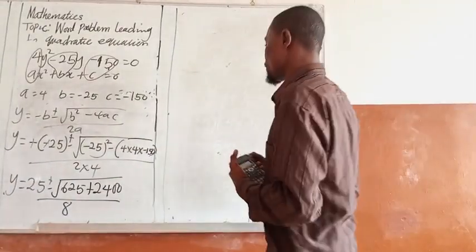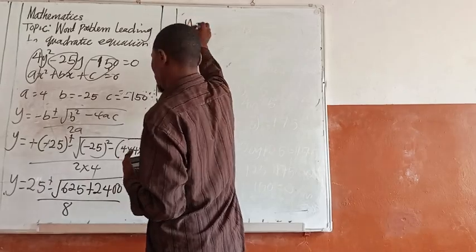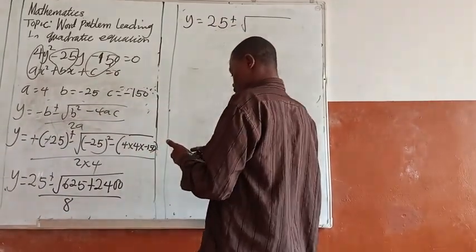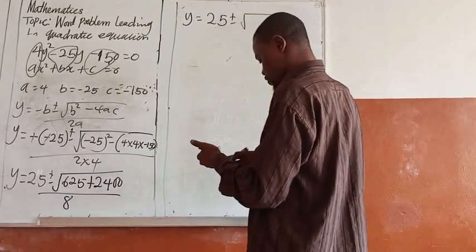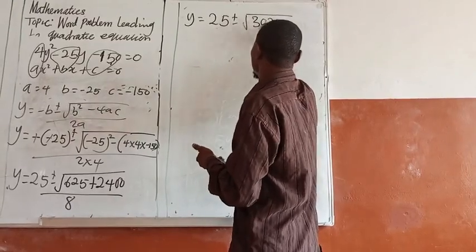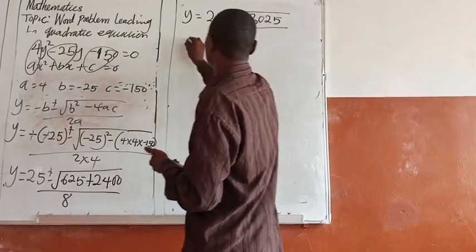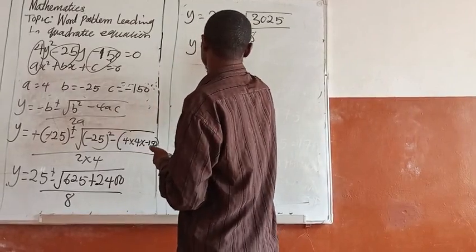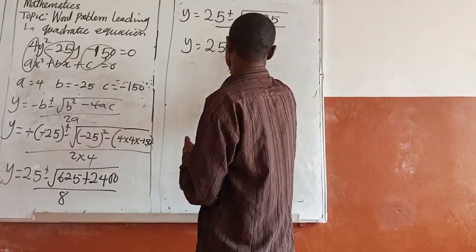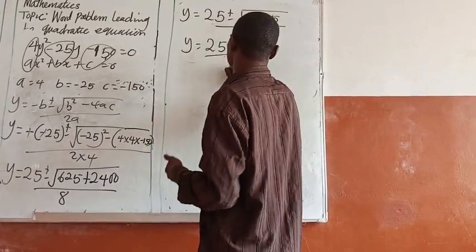So from here we now have Y is equal to 25 positive negative the square root of 2,400 plus 625. That is 3,025, all over 8. We have Y is equal to 25 positive negative the square root, the answer is 55, all over 8.